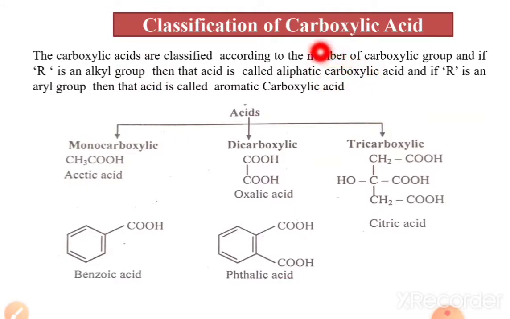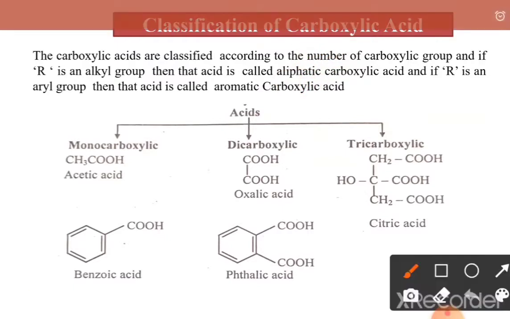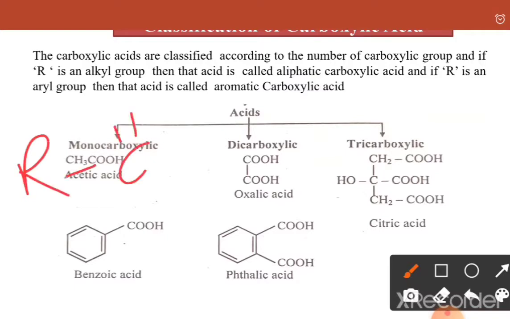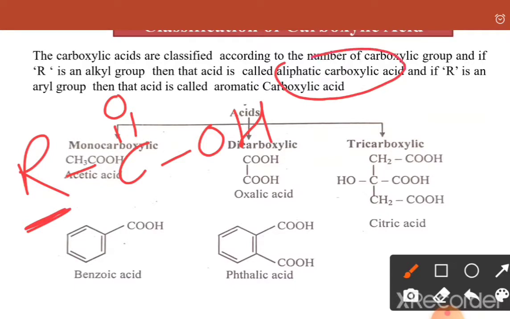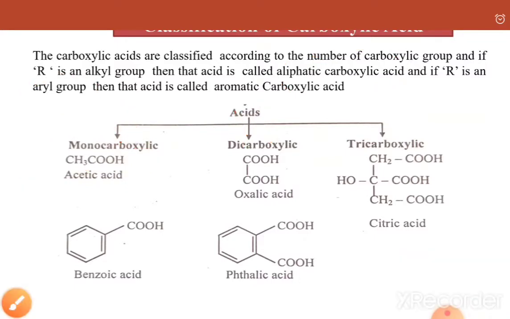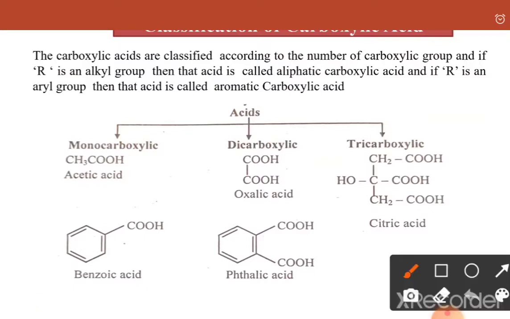And we know the representation of the carboxylic acid has the formula R C double bond OH. That means if this R part is alkyl, then it is the aliphatic carboxylic acid. And if the R part is an aryl group, then it is called the aromatic carboxylic acid.